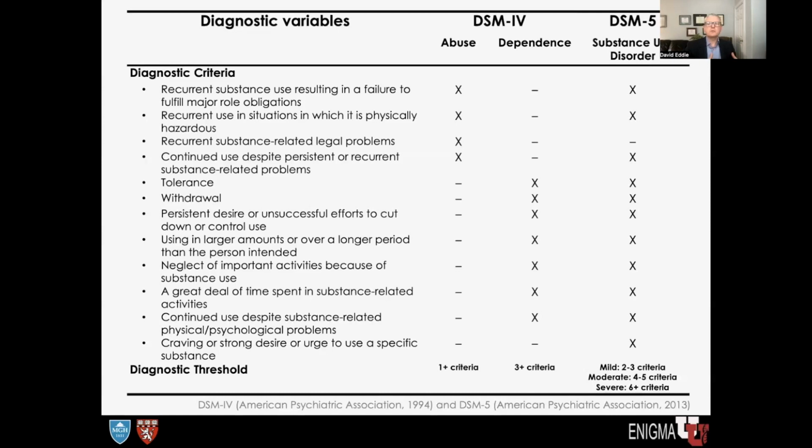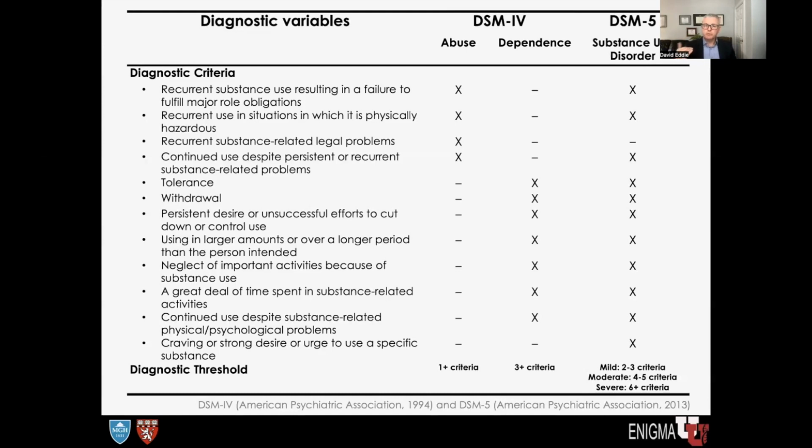Like anybody who's using alcohol or other drugs excessively might meet the abuse criteria. So many people felt that it was just too loose, that the criteria were just capturing too many people. Didn't necessarily represent a problem.